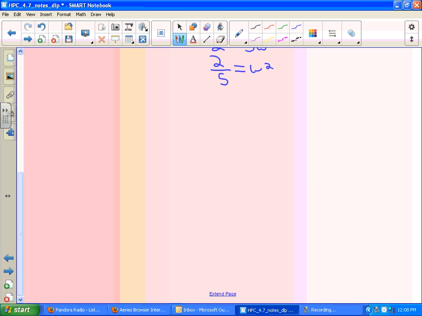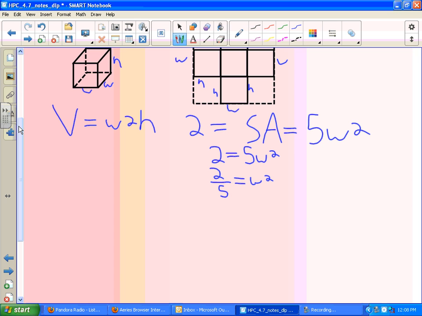Where did your 5W squared come from? I think you were interpreting that as if the height was W. Yeah, I want to change that. So I guess just this one is going to be W squared, right? The one in the middle. Okay.